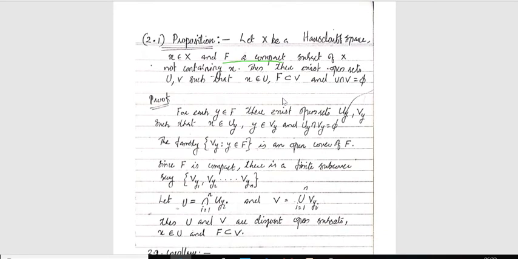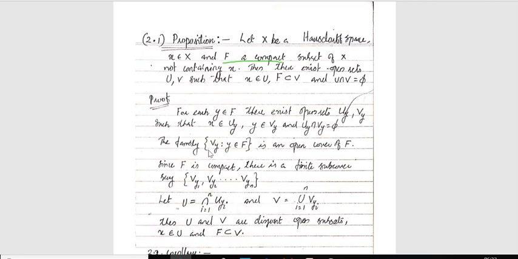Since F's members are very simple, we are using the previous fact. For each y belongs to F, there exist open sets Uy and Vy such that x belongs to Uy and y belongs to Vy, and Uy intersection Vy is empty, since the space is Hausdorff.